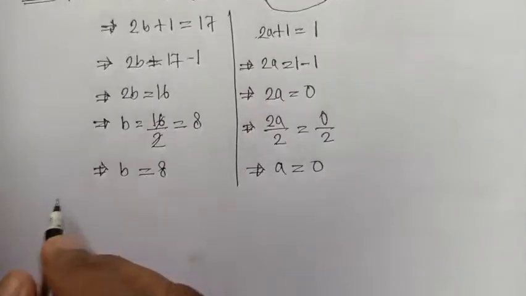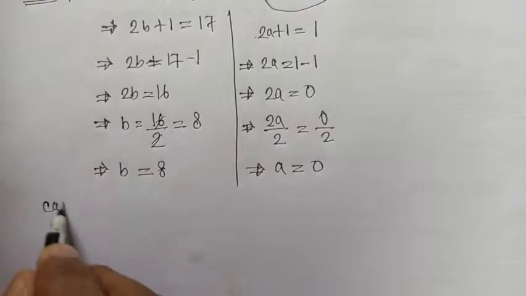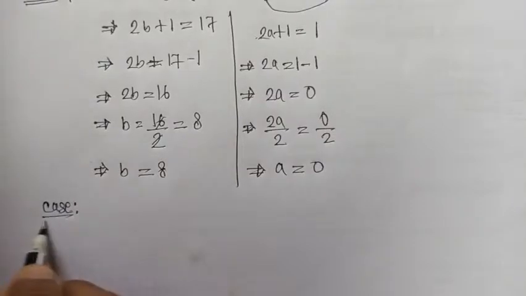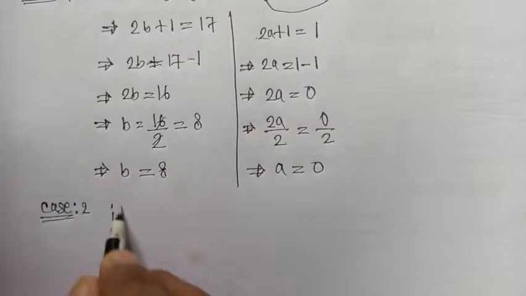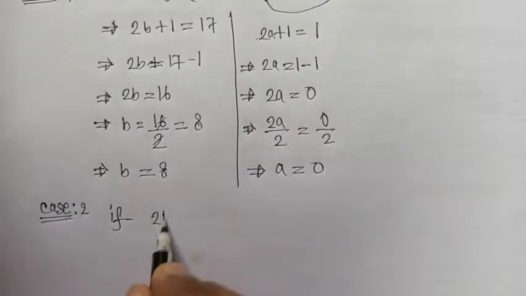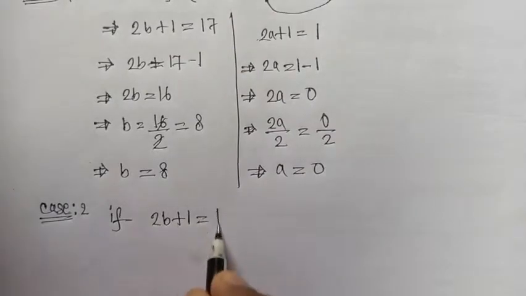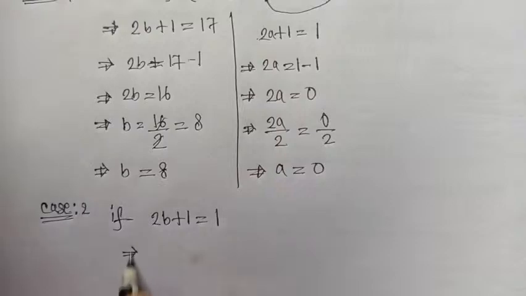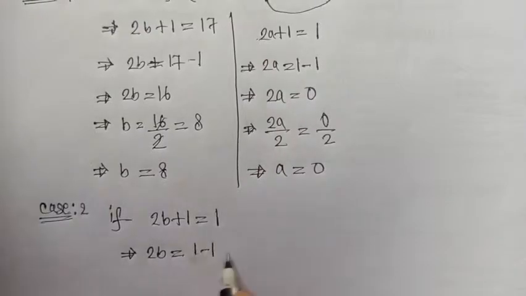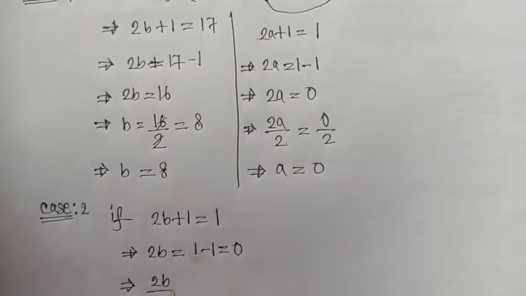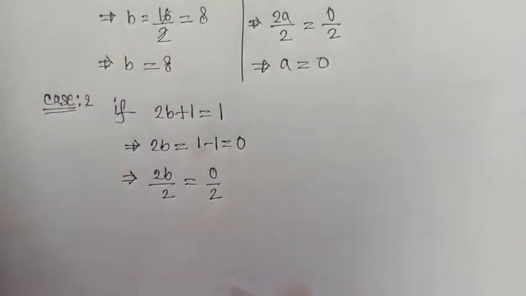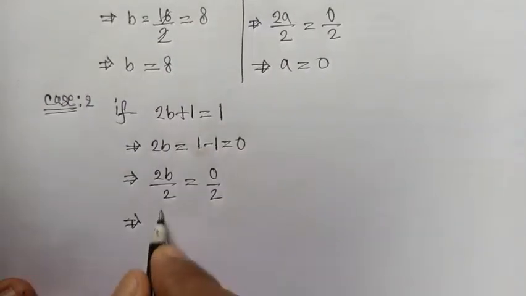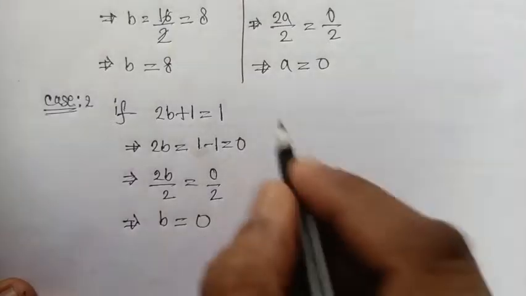For positive cases, for the second case, case 2, if 2b plus 1 is equal to 1, then 2b equals 1 minus 1, that is 0. If we divide both sides by 2, then b will be 0.